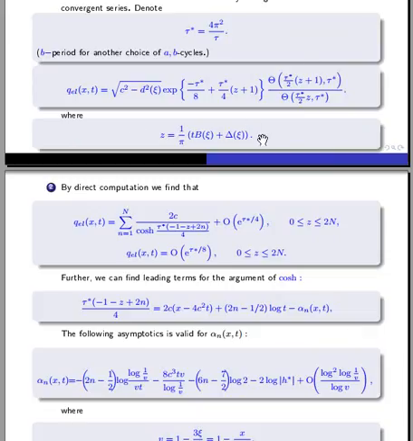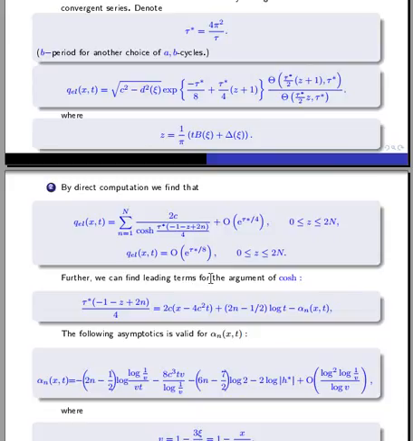For short, we denote here by z the following expression. So we already have the correct structure of this expression: a sum of inverse hyperbolic cosines.